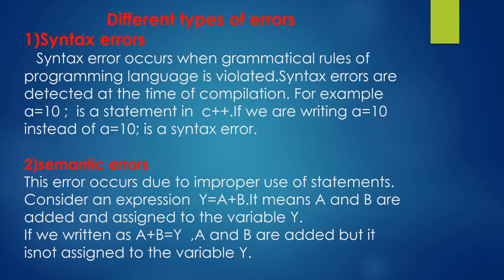For example, suppose you need to assign 10 to the variable a. That is, a is equal to 10, written in C++ like this: a = 10, then a semicolon. If you do not put the semicolon, that is a syntax error, because the syntax for assigning a value to a variable is variable equals value, then semicolon.